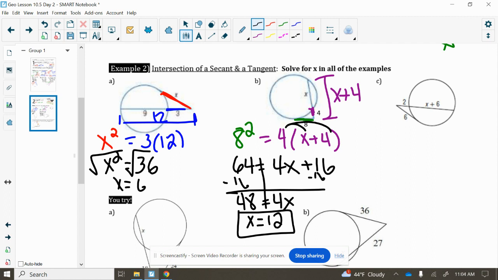And then last but not least, we have 6 on the outside here. That's going to get squared. And then we have 2 on the outside. And then the whole thing this time is 2 plus the x plus 6 for a total of x plus 8 when we simplify.